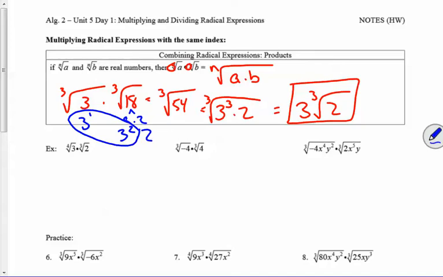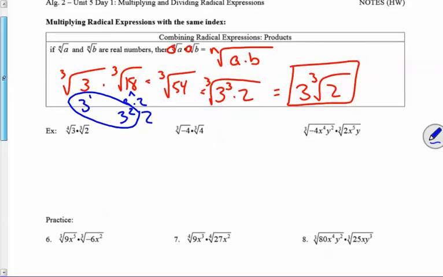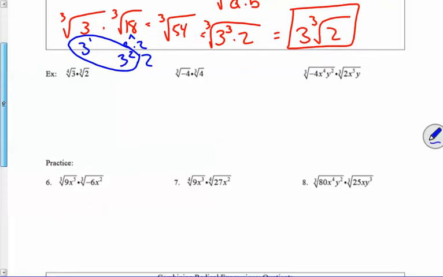So a couple different ways to look at this. It all depends on which way makes sense. If you can multiply it to get 54, then do that. But sometimes it's easier to break down smaller numbers and just add the exponents. Again, that's going to be a personal choice for you.